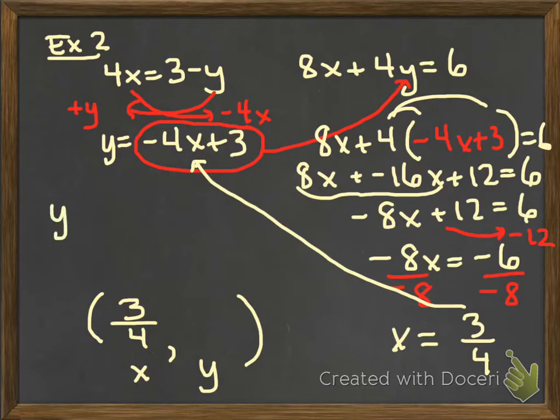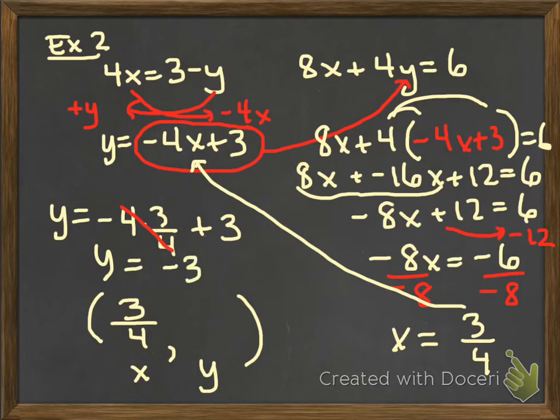So y equals negative 4 times 3/4 plus 3. Okay, the 4's cross cancel. We get y equals negative 3 plus 3, which is 0. So the point of intersection is at 3/4, 0.